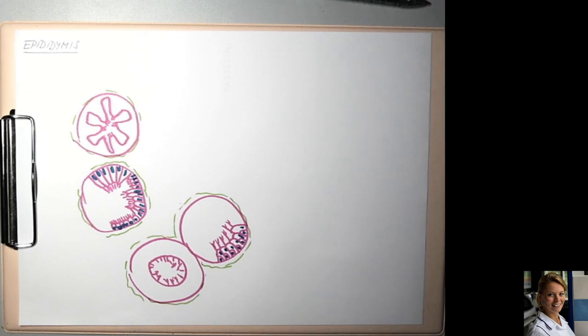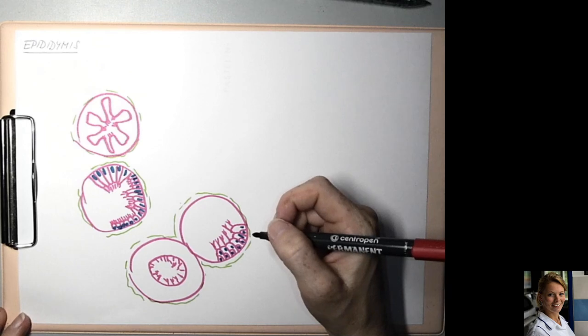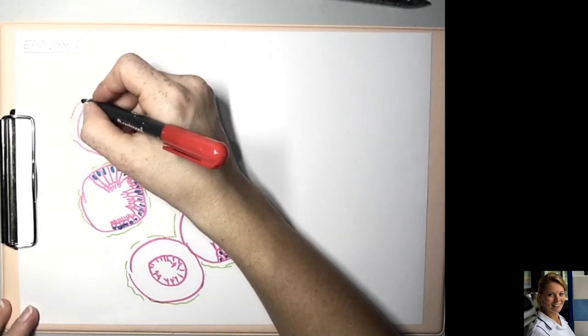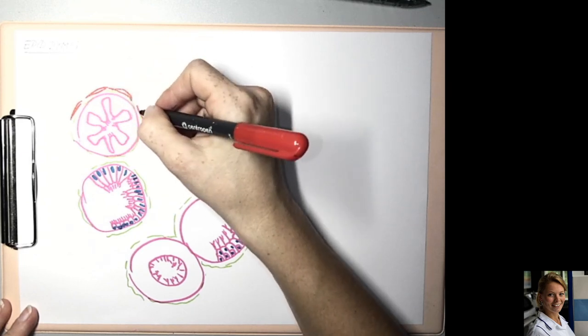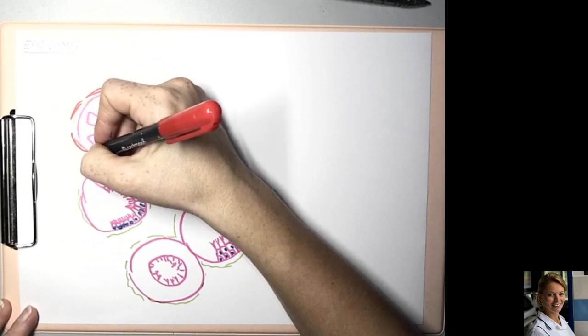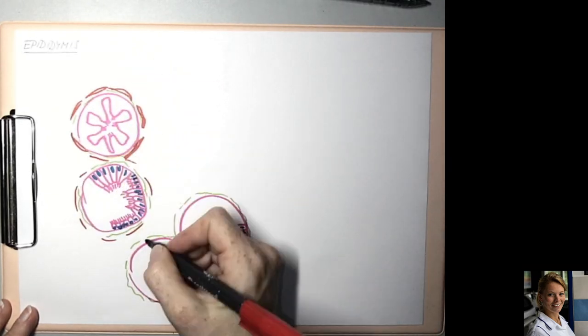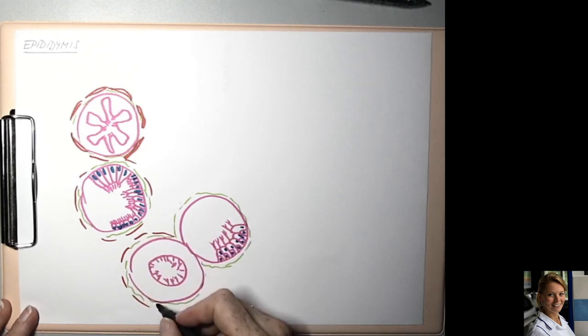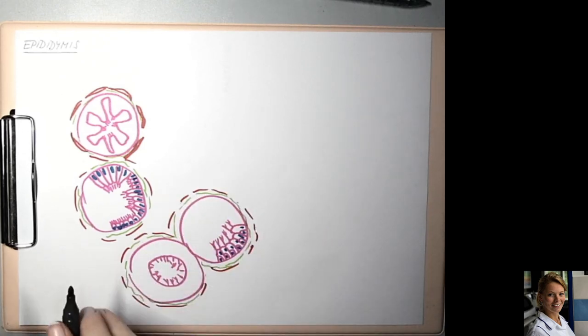The next layer is the muscle layer of smooth muscle cells, which are circularly arranged. Spindle shape of smooth muscle cells, with spindle shaped nuclei.